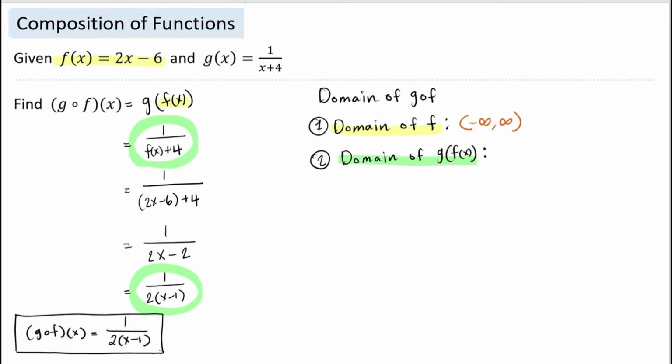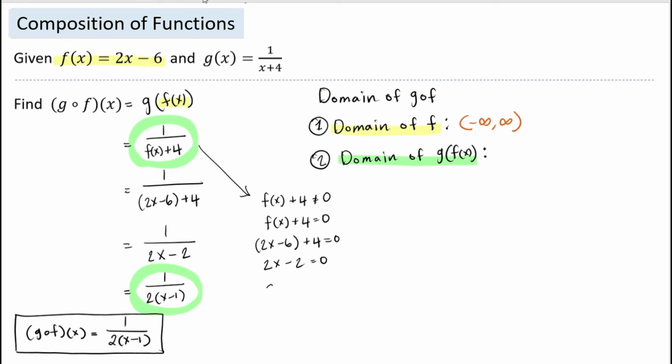If we use the expression 1 over f of x plus 4 to find the domain of g of f of x, then the denominator f of x plus 4 cannot be equal to 0. So let's solve f of x plus 4 equal to 0. Then we have 2x minus 6 plus 4 equal to 0, so 2x minus 2 is equal to 0.